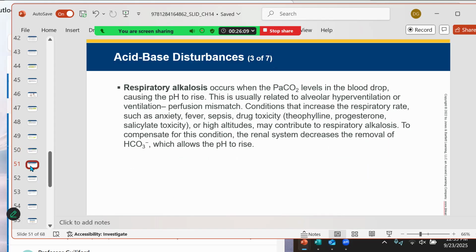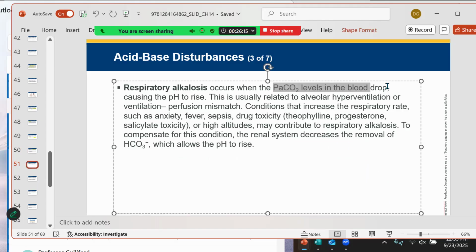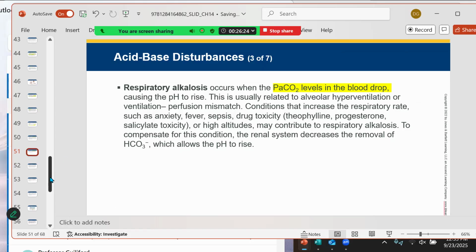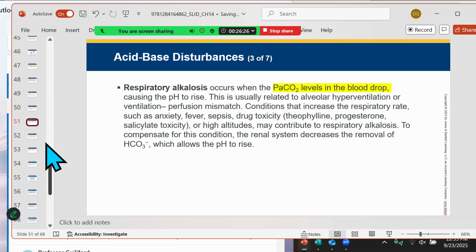Let me give you some numbers. If the CO2 is low, meaning the patient is hyperventilating, that is going to be a reduction in acid. And when there's a reduction in acid, that's an alkalosis situation. This makes more sense when we do some examples.